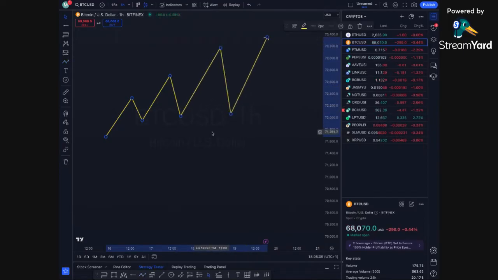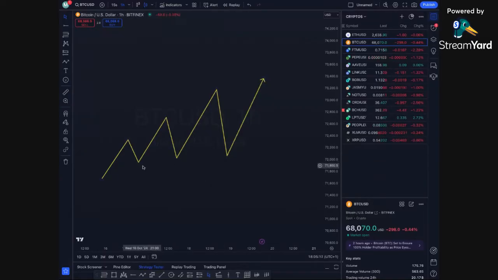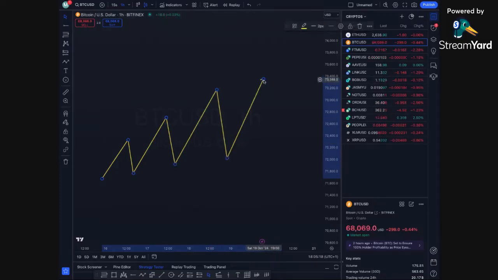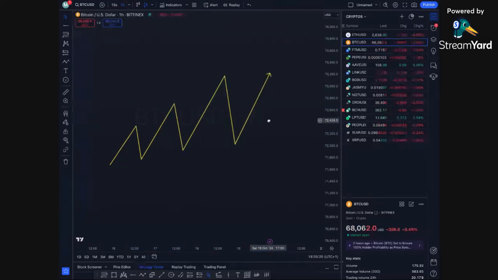All right, this is a bullish trend. And what direction is this trend going? This trend is going up. It's creating higher highs and higher lows.